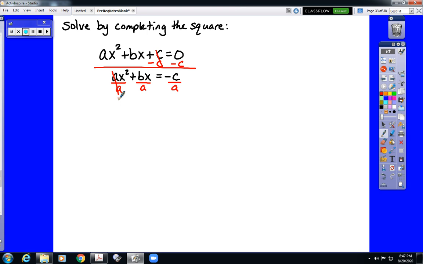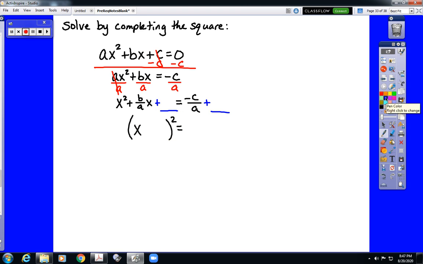So we have to, repeat, have to divide everything by a. That will give us x squared plus b over a x equals negative c over a. And you'll see that now we're going to be inserting our blanks, so we're making sure we have lots of room to do that. So we're going to carry out the completing the square process now.